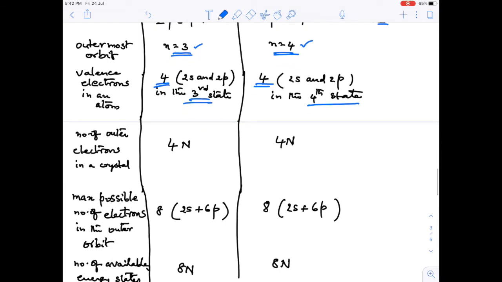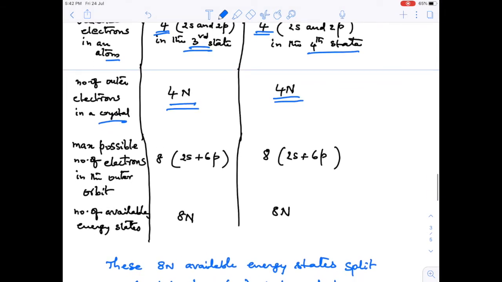Then, if you consider the number of outer electrons in a crystal as a whole, this was for an atom. In a crystal, how many atoms do you have? N. Therefore, how many electrons in the crystal? 4N, here also 4N. Then what is the maximum possible number of electrons in the outermost orbit? In the configuration, for s you have 2, and for p you have 6.